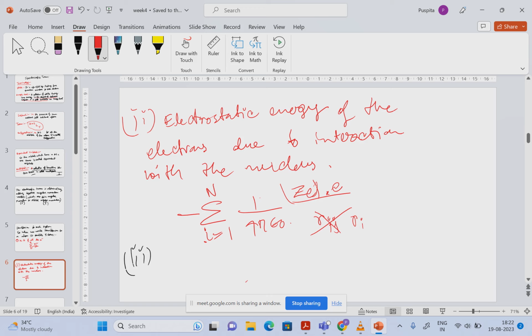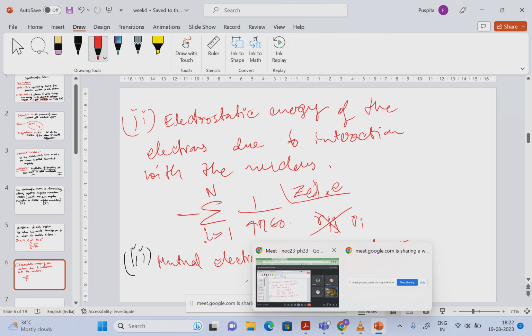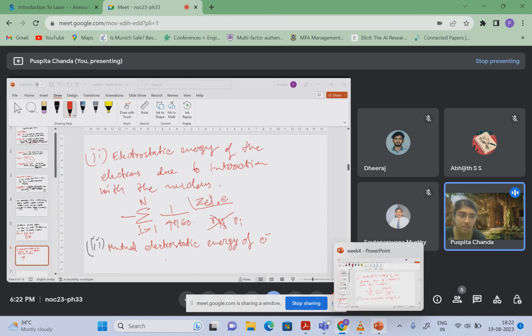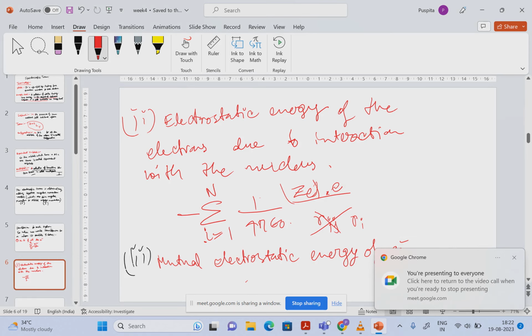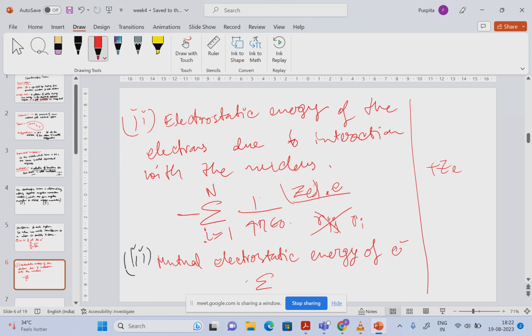is the mutual electrostatic energy of electrons. That is the interaction between one electron with another, not another with every other. Okay, that term is positive, because here it is negative because Ze is positive and one electron is minus e.